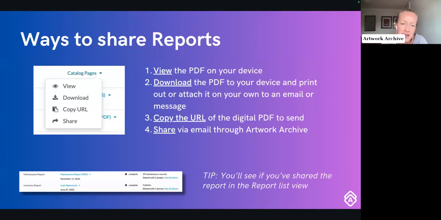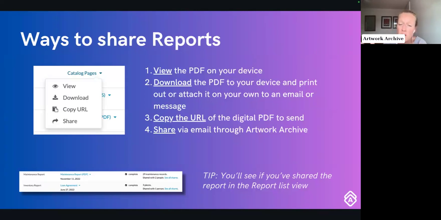But what's also great is you can share reports directly from your account. A few things to call out here. If you are on that reports page and you click the little blue downward facing triangle on the report, you'll see that you can view the PDF on your device. You can download it, so then you can attach it to an email or a message if you wish.